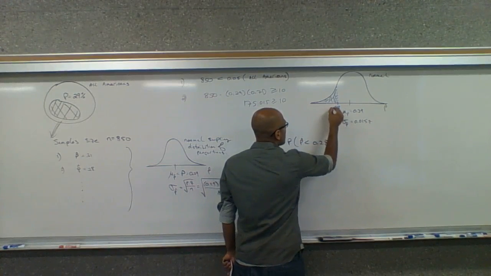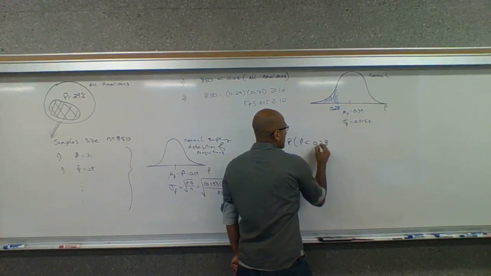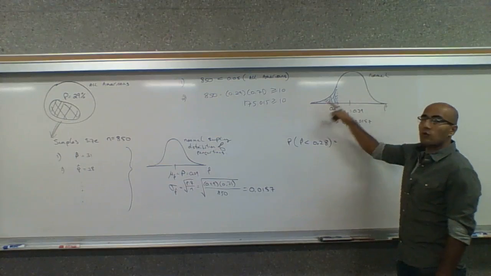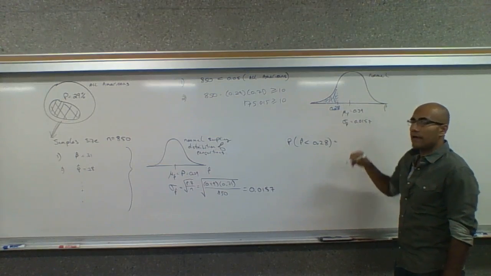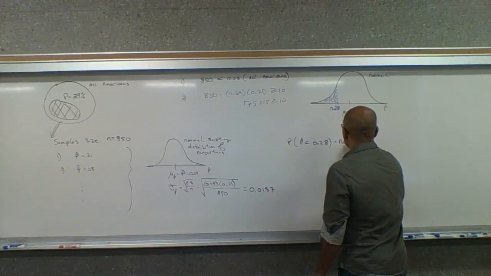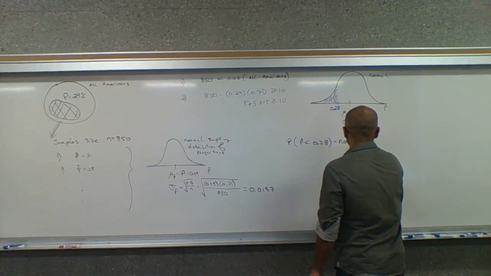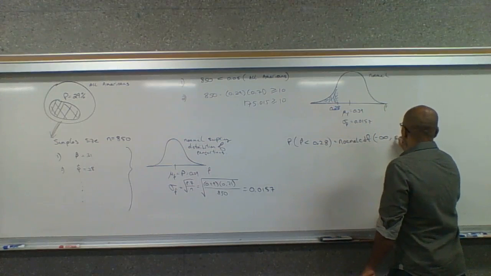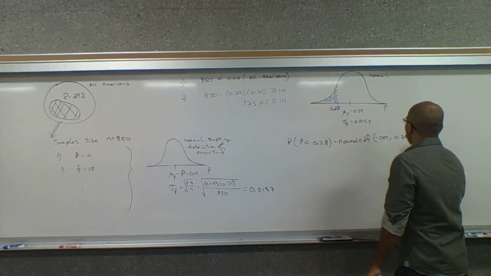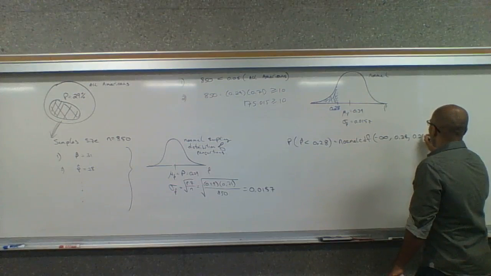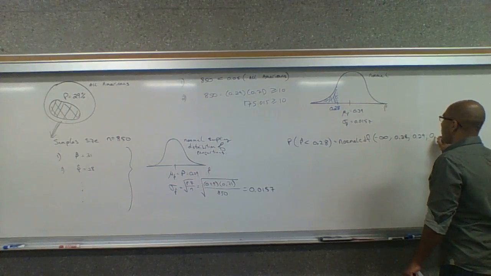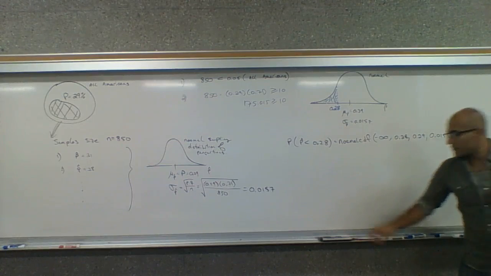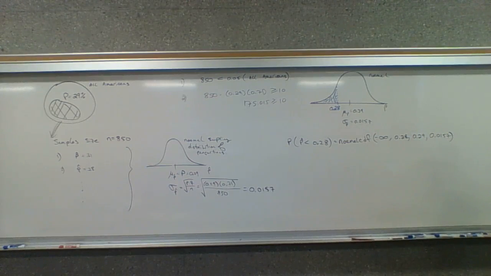Oh, sorry, this is 0.28. 0.28 is equal to, and now this is a nice normal distribution, so this is just going to be a normal CDF from negative infinity through 0.28 with 0.29 as the mean and 0.0157 as the standard deviation. We can just punch that into our calculator and we're done.